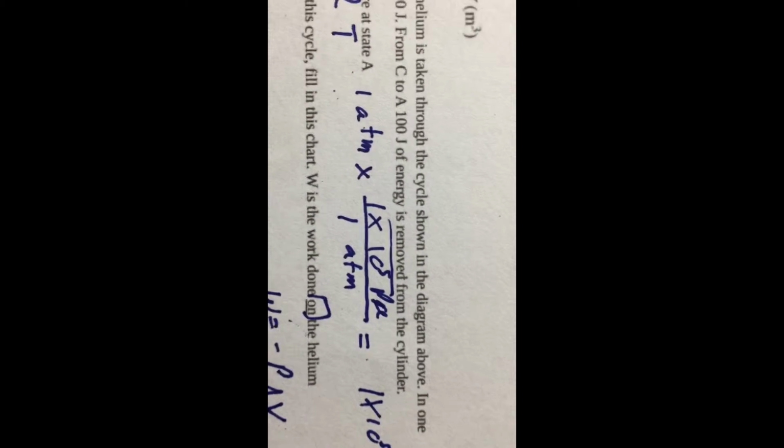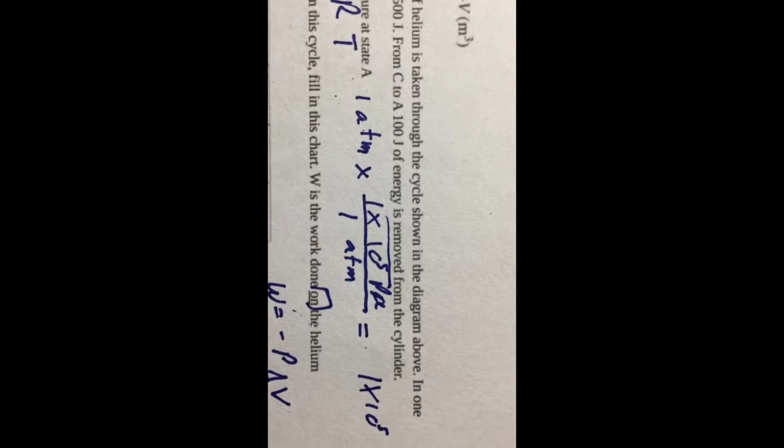Well, from here, you know that the pressure is 1 atmosphere, and you need to convert this to pascals. 1 atmosphere is equal to roughly 1 times 10 to the 5th pascals.